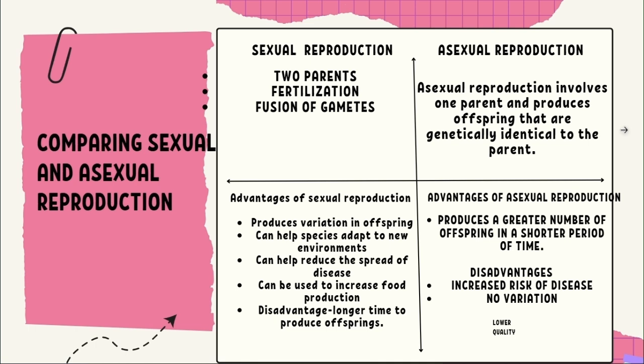You have sexual reproduction and asexual reproduction, and what we want to see are both the advantages and the disadvantages of each type. In sexual reproduction, obviously we said before that it involves two parents, fusion of gametes, fertilization, all that stuff is going to happen.